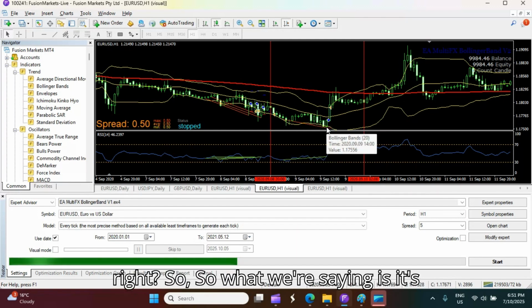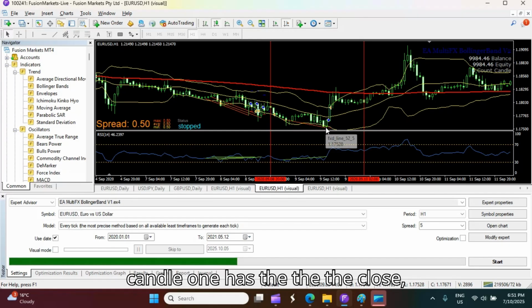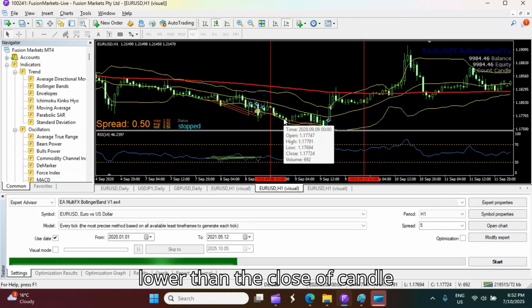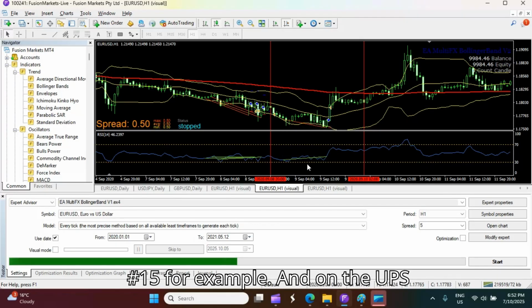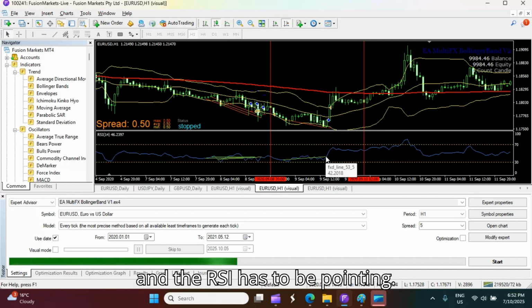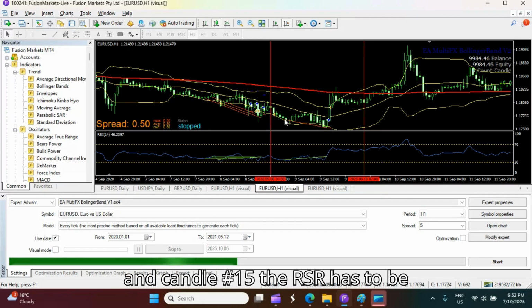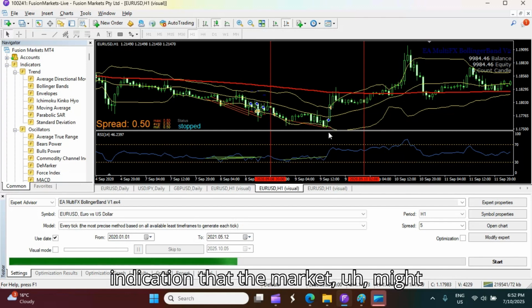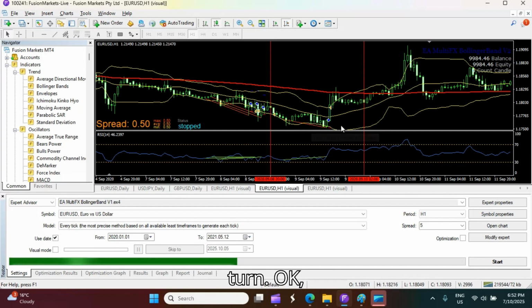So the close price of candle one has to be lower than the close of candle number 15, for example, and the RSI has to be pointing upwards to create that divergence. So on candle number one, the RSI has to be higher, and on candle number 15, the RSI has to be lower, and that gives us an indication that the market might turn.